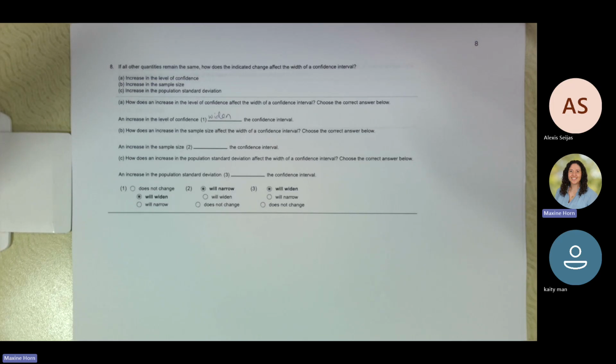Well, that's just a small sample. But if I then say, okay, I'm going to take all the students at Palm Coast and the ones at New Smyrna. Well, I've just increased my sample size. I'm going to be narrowing the interval of numbers because I'm getting closer to my population.